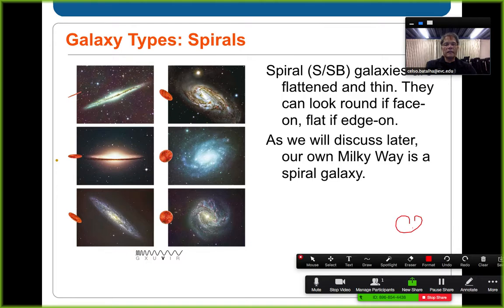Spiral galaxies, those that show spiral arms, are classified as spiral A, B, and C, depending on the ratio of the size of their bulge to the dimension of the galaxy itself. Spiral A are those in which the bulge is the largest component and the spiral arms seem to be tightly wound around the bulge.